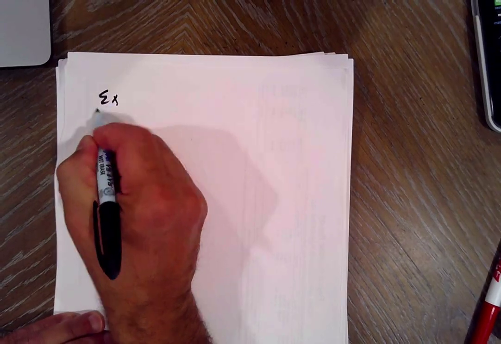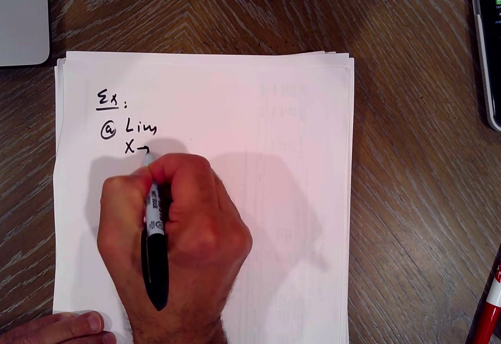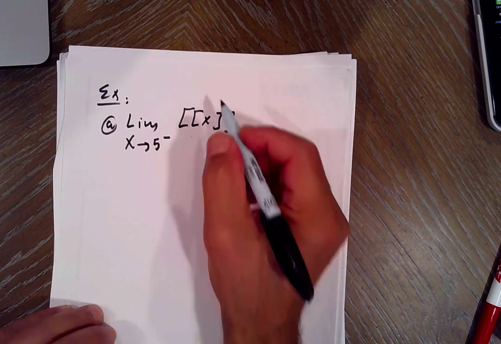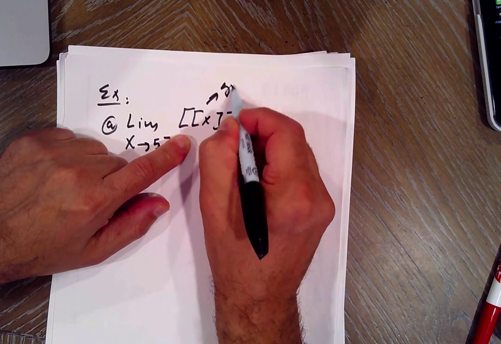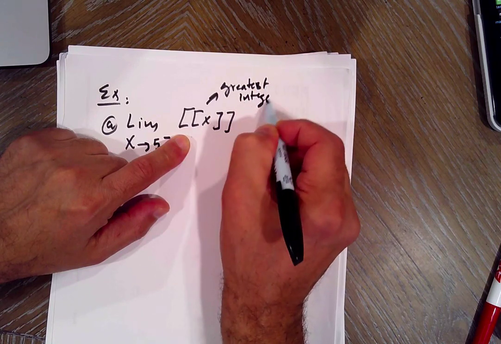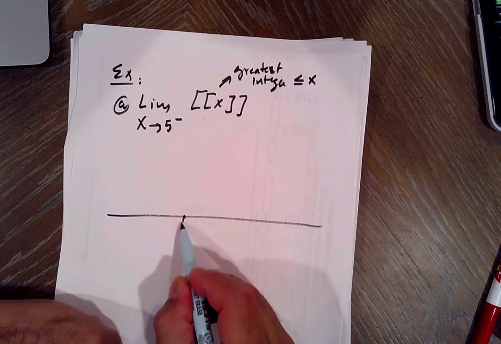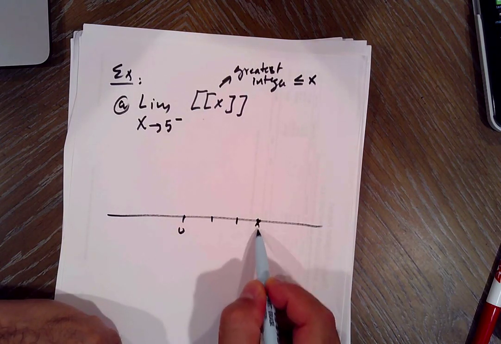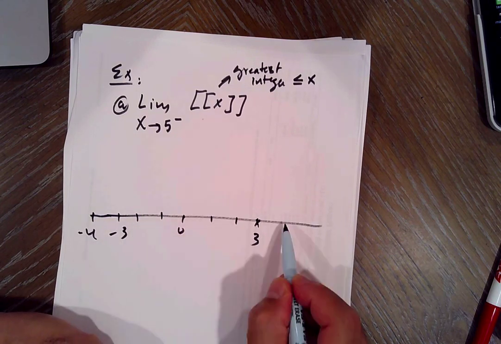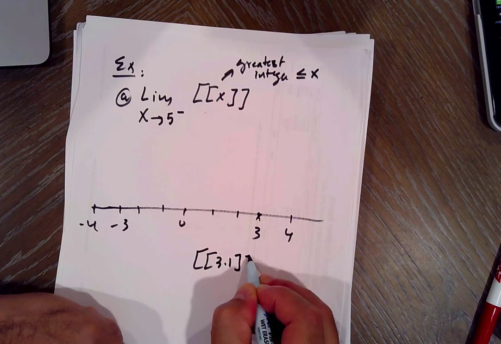Another example, part A, what's the limit as x goes to 5 from the left of the greatest integer of x? Well, this is the greatest integer less than or equal to x. So for example, on the number line, the greatest integer of 3.1 is 3.